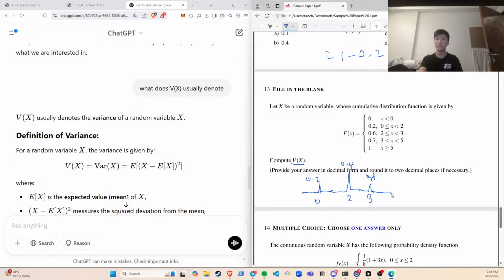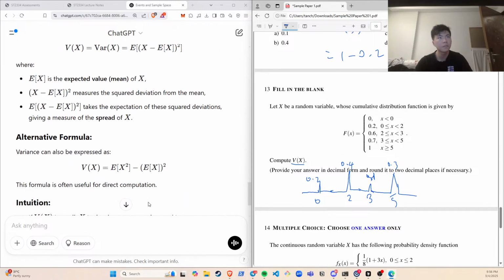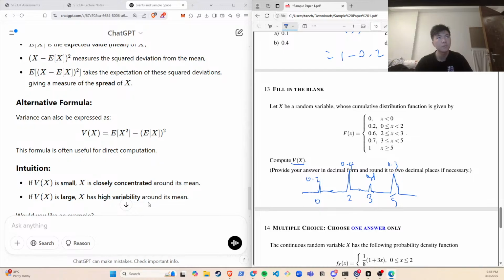And then at position 5, 0.3. Right? So we just need to compute the variance of this data set. And the answer will be X squared times 0.4 plus 3 squared times.